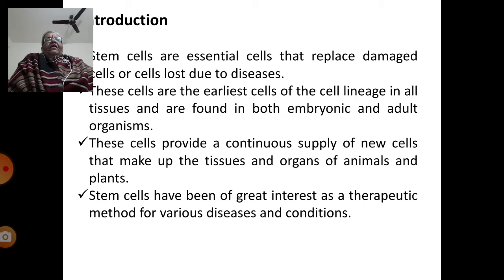And these are the earliest cells of the cell lineage in tissues, and they can be found in both the embryonic state as well as in adult organism. I will highlight about these points in next coming PPTs. And what they basically do is provide a continuous supply of new cells, which go into the formation of tissues and organs of animals and even plants.